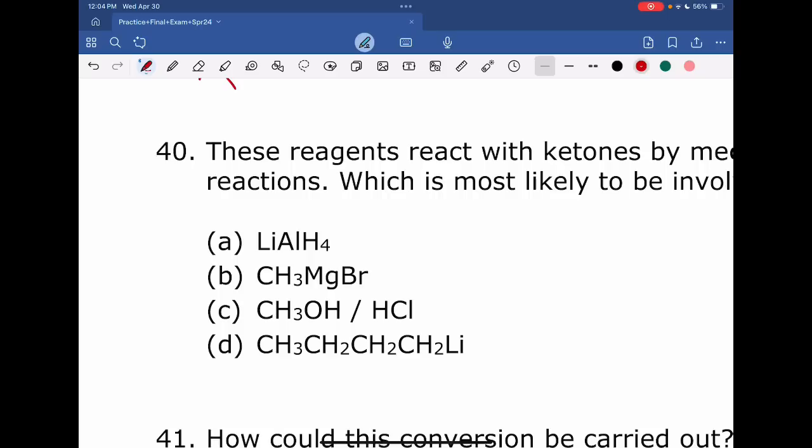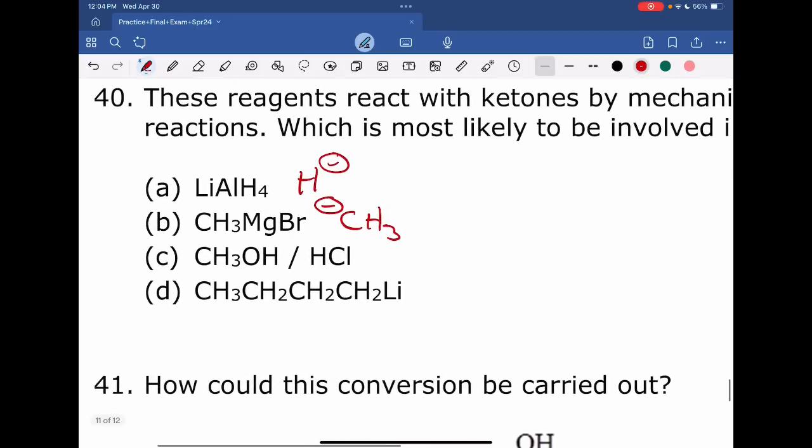So, lithium aluminum hydride basically just delivers an H minus. CH3-MgBr delivers a CH3 minus. Okay, methanol and acid doesn't deliver any negative charge. You know, the acid is gonna do something to the ketone, and then this comes in.